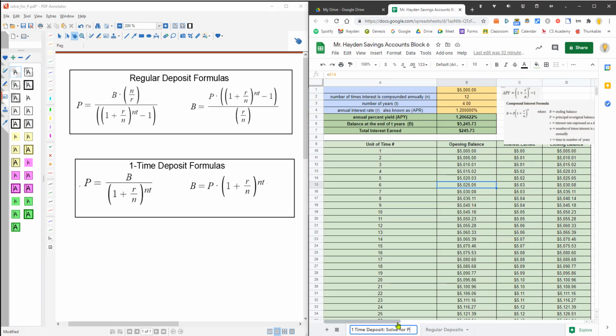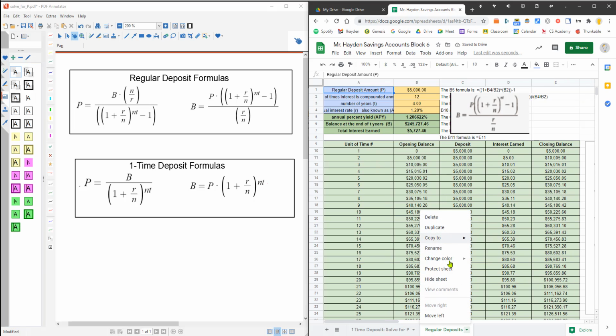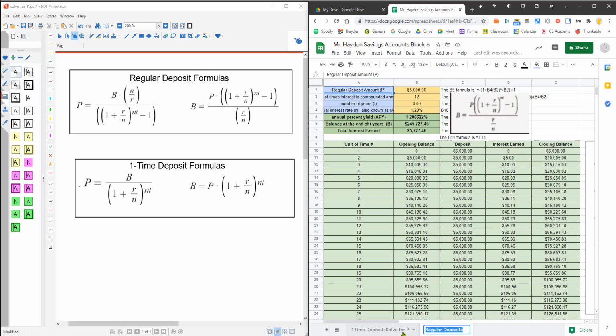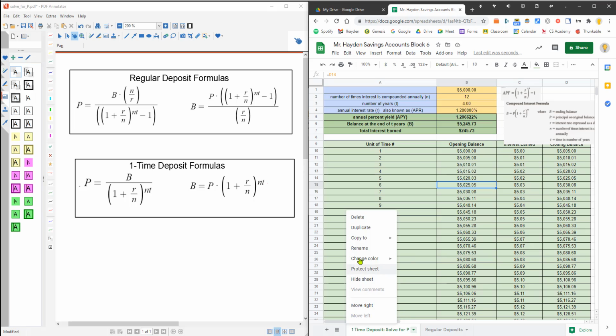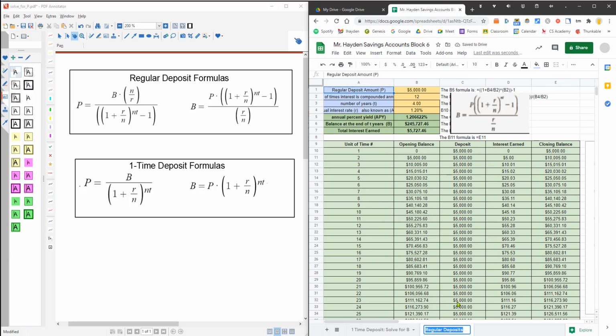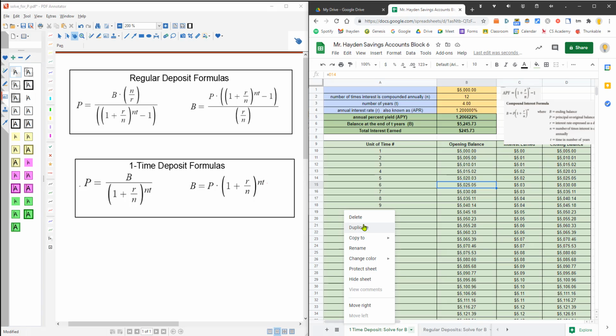So for the ones that we've already done, we were solving for B. On the regular deposits one, we were also solving for B. So those are the first two that we did. Now we're going to solve for P instead. So I'm going to duplicate the one-time deposit one because we're going to do that one first.